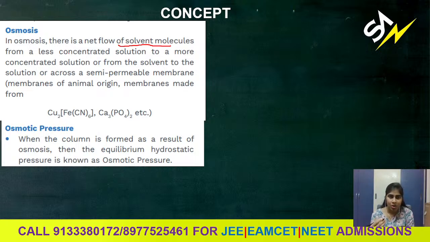Understand this? How a solvent molecule flows from a less concentrated solution to a more concentrated solution, or from the solvent to the solution, with the help of a semi-permeable membrane.